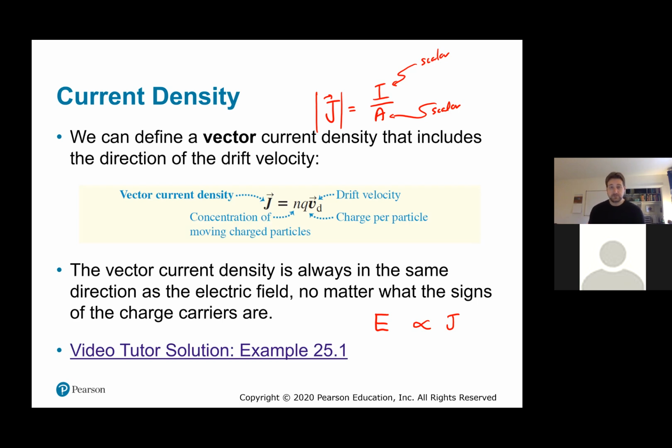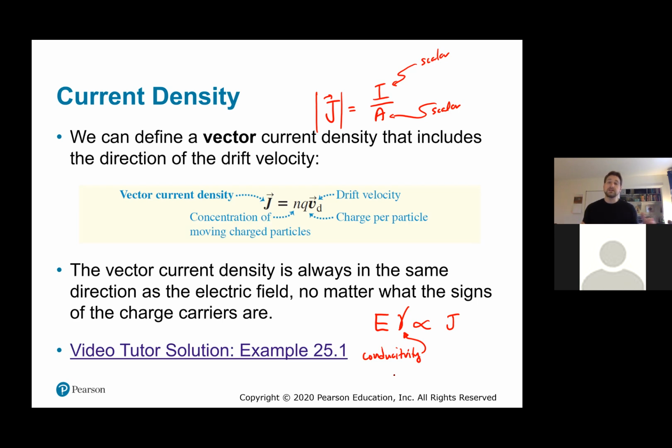What's the constant of proportionality? I'll use the symbol gamma for conductivity. How good is this particular material at conducting electric current?